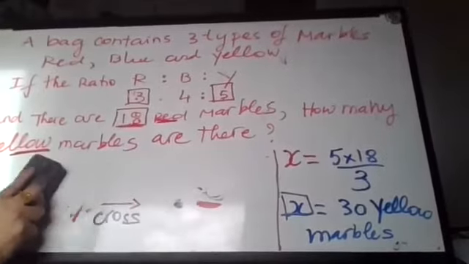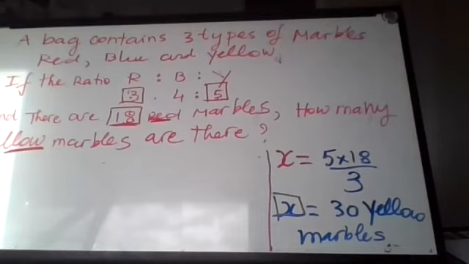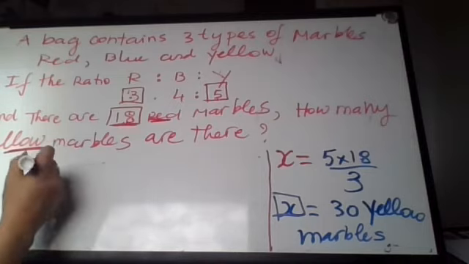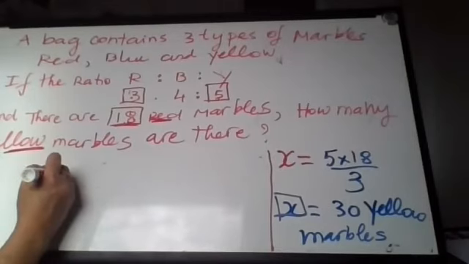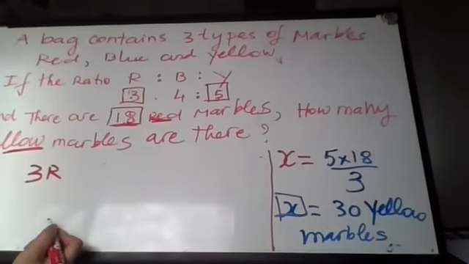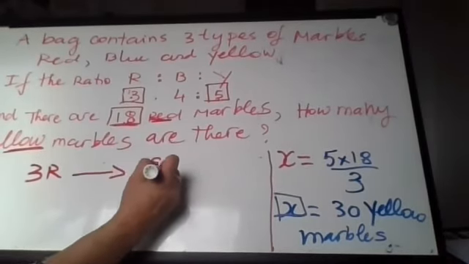I made a video before using the fraction, but I don't like it. I have to omit it and teach you using the horizontal, and it's a lot easier the way we do. So you will say, if 3 portions, 3 red, and you can put a little r in there to represent red marbles, has 18 of them.